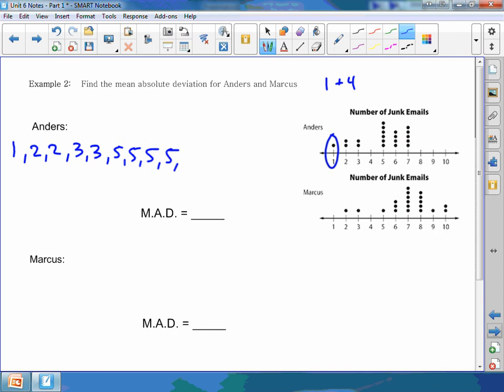You can, but when we go back to find the mean absolute deviation, sometimes it's easier when they're all written out. What am I missing?